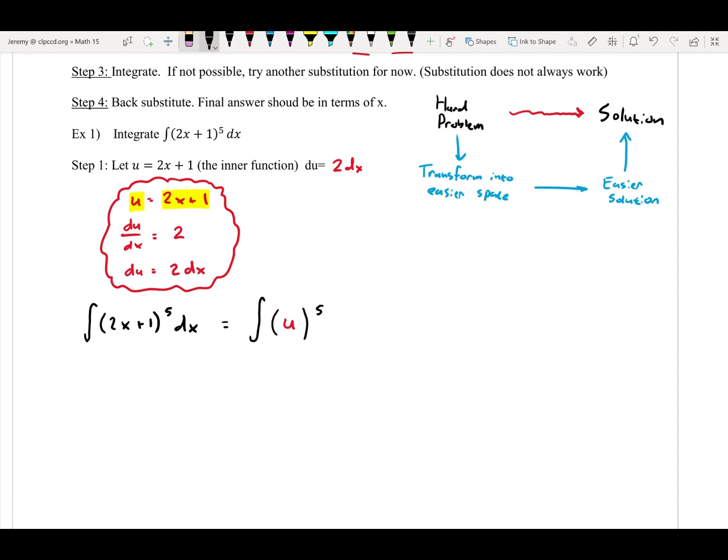Well, I know that du is equal to 2 dx. So if I solve for dx here, I can divide both sides by 2. So then I get du over 2 is equal to dx. So I'm going to substitute in du over 2 for dx. Okay, so then I'll end up with du over 2, like that.